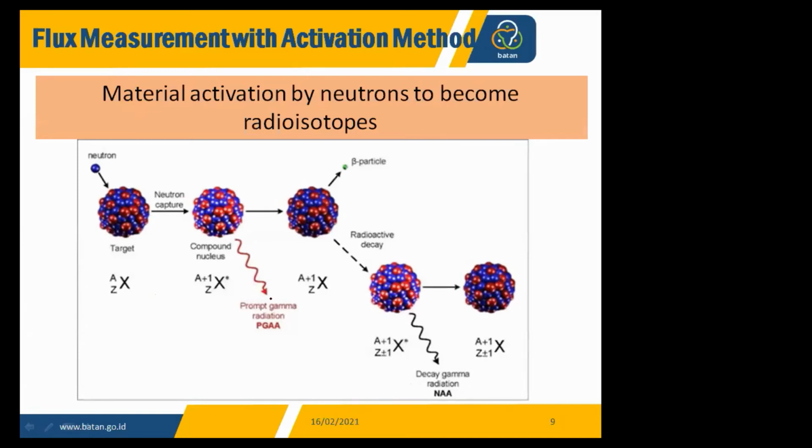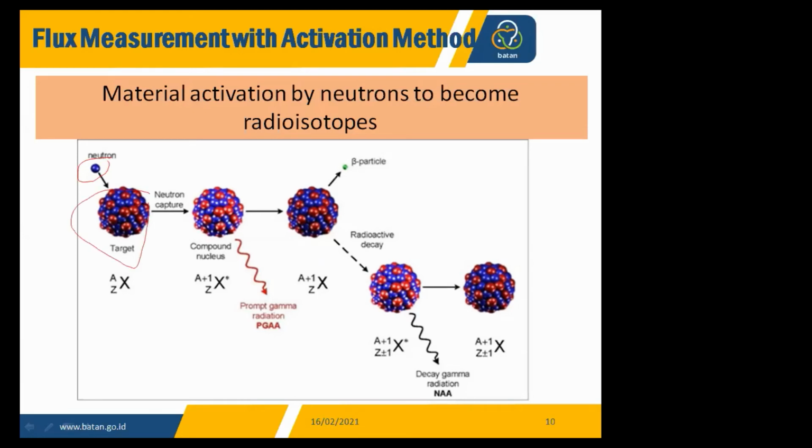Next, I will show you another method. The method is based on neutron activation and therefore requires a source of neutrons from the reactor. The blue one is the neutron from the reactor, and the target is the sample.